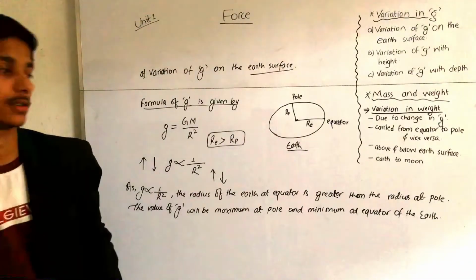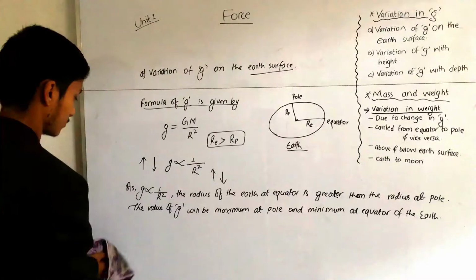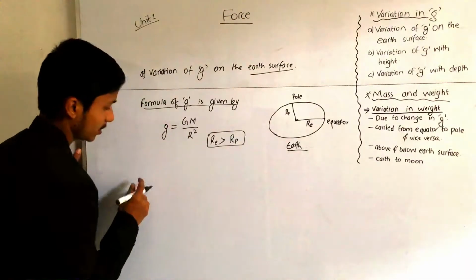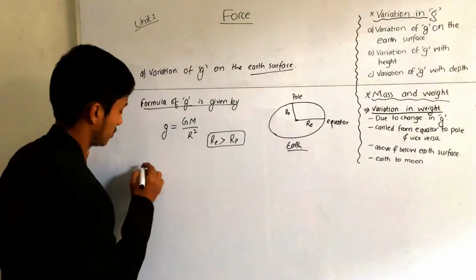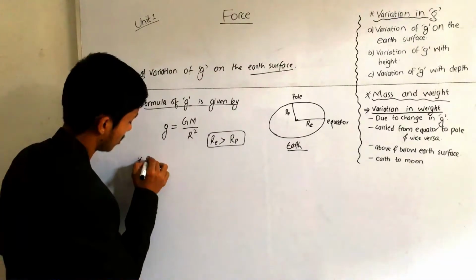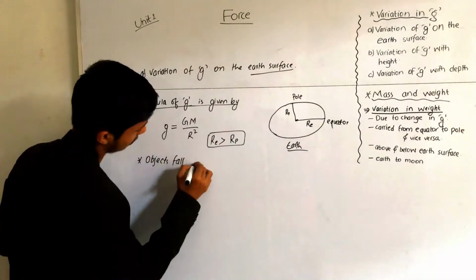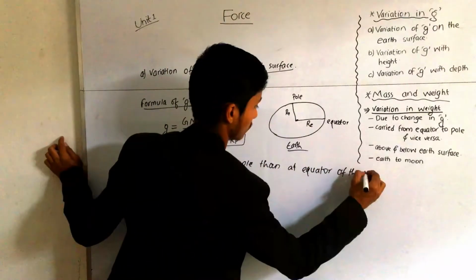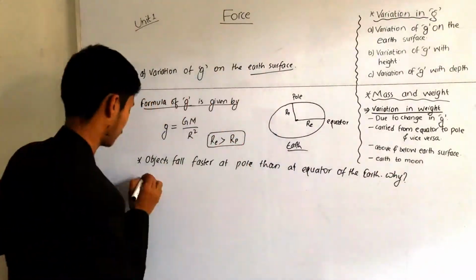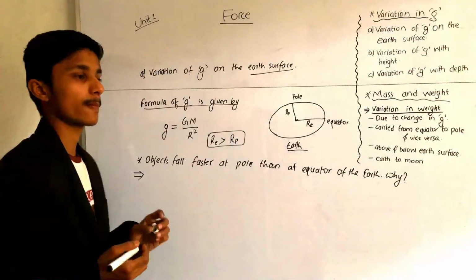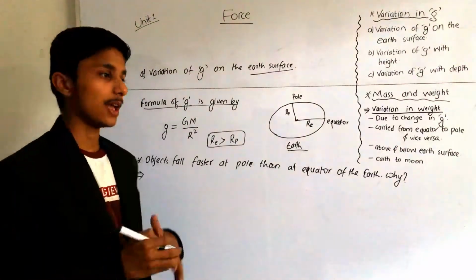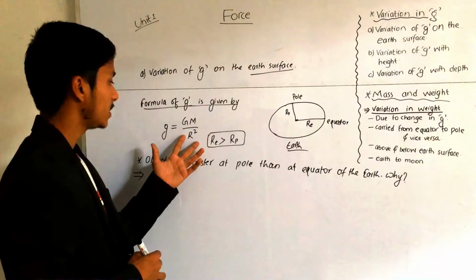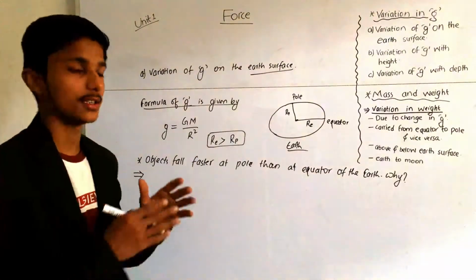Let me write here. The question is: objects fall faster at the pole than at the equator. As we know, the value of acceleration due to gravity increases when the radius decreases.